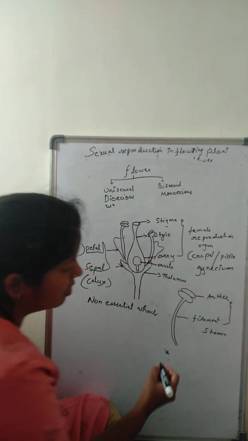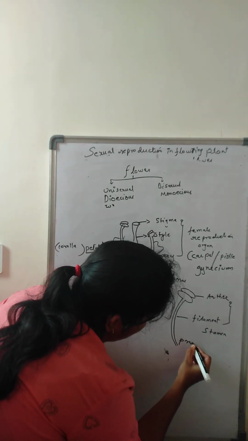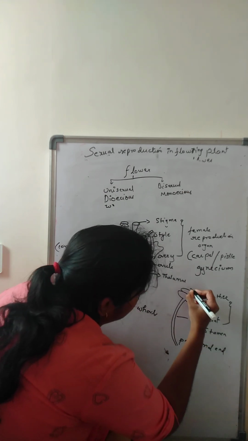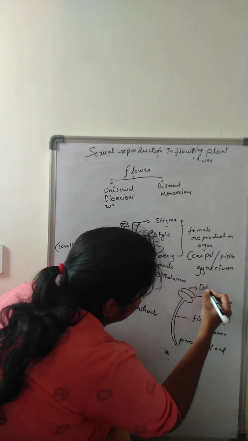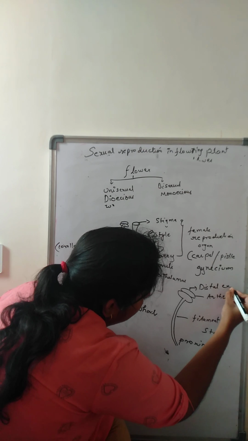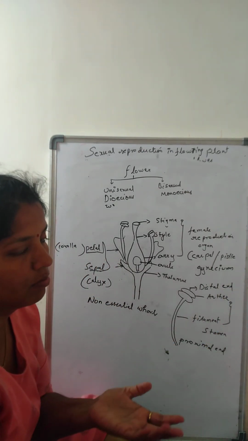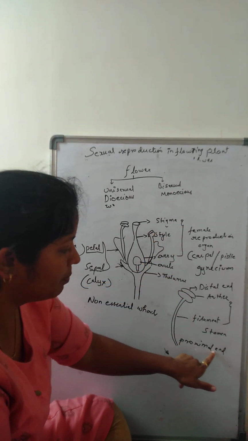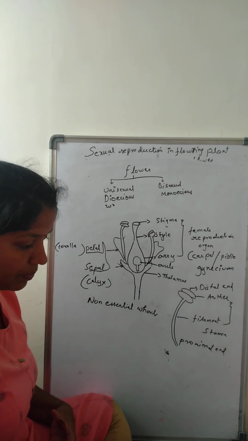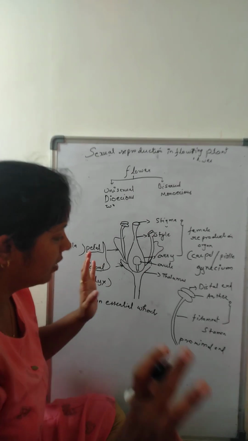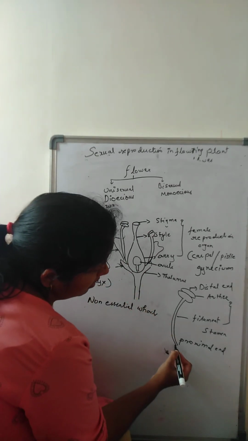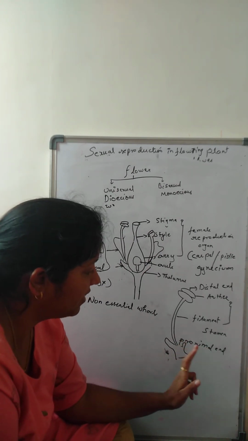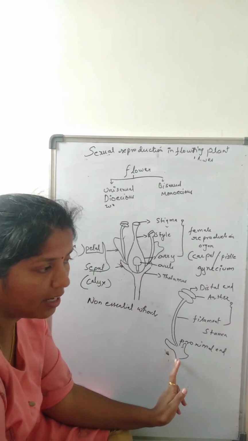Now here you see, this is the proximal end. And this is the distal end. Proximal means, in Hindi, it is said paas. Distal means door. Proximal end is closer to the organ, right?